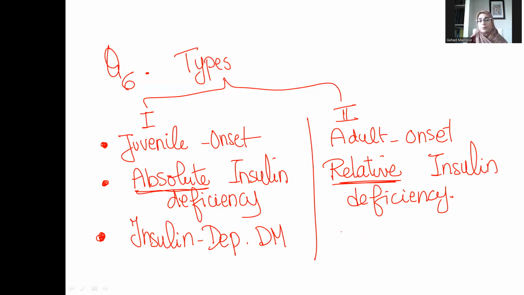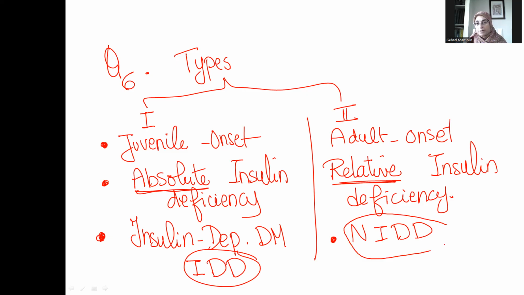And this is what we will be covering in question 7. And in type 2, because there is insulin in the body, the patient is not dependent on insulin. So non-insulin dependent diabetes. This is insulin dependent diabetes, but this one is non-insulin dependent diabetes.